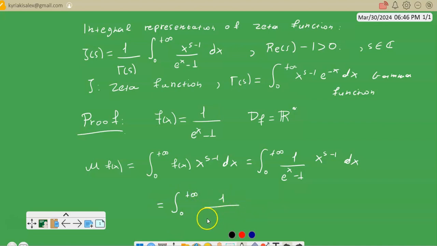What I have to do here is take the common factor, the exponential, and I have 1 minus e to the power of minus x, times x to the power of s minus 1 dx. The exponential function goes up, so we flip the sign here on the top.